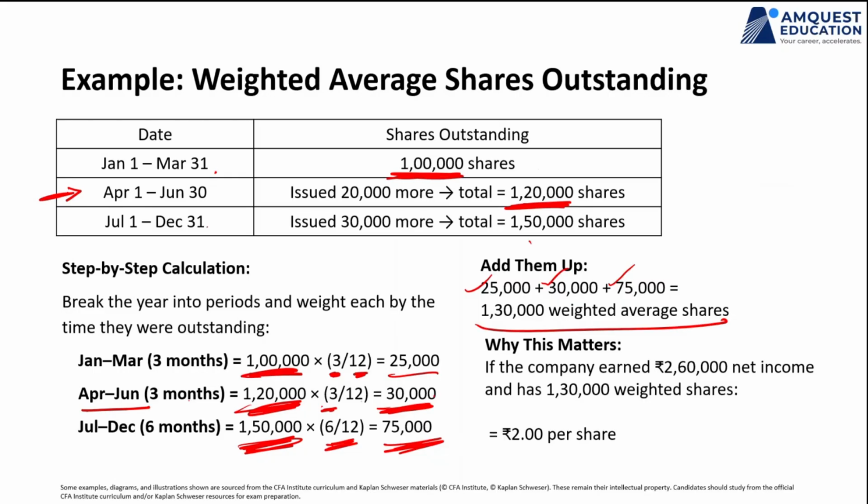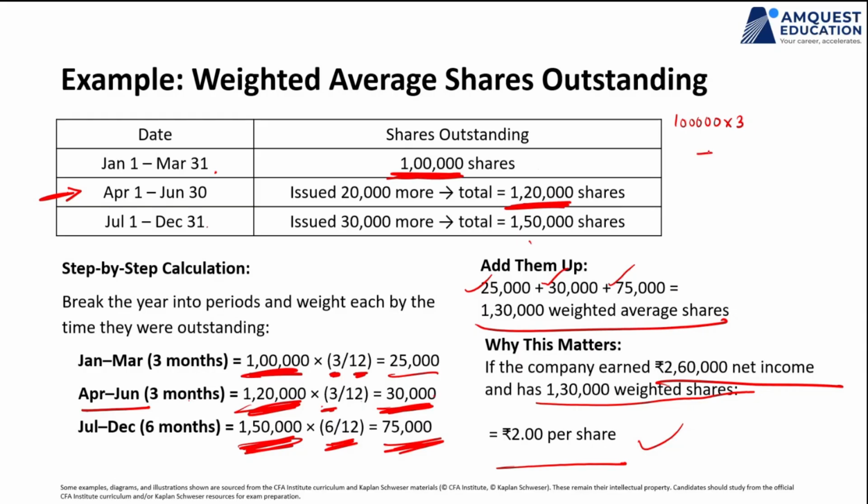This is necessary to calculate the EPS because if the company earned 260,000 net income and 130,000 is the weighted average shares, 2 is the per share value, 260 divided by 130. So we are straight away doing weighted average calculations.